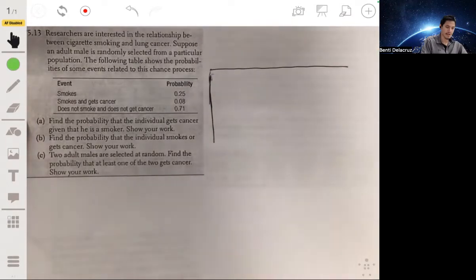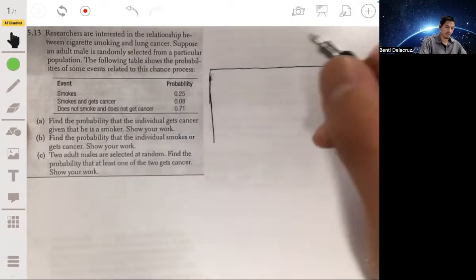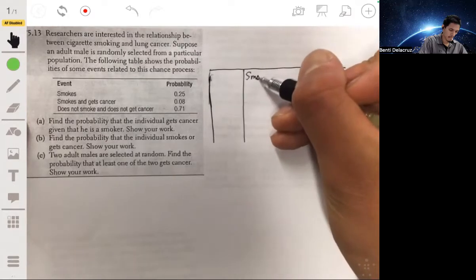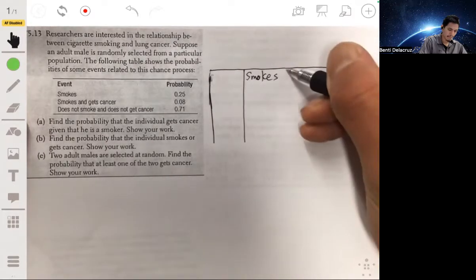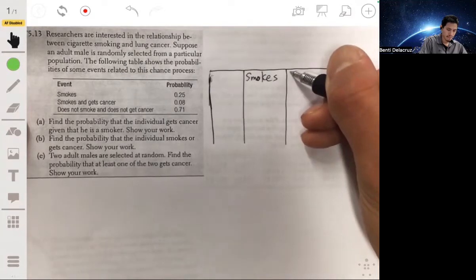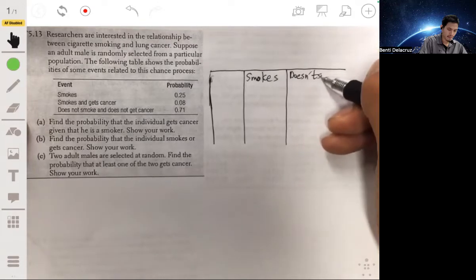Across here, you have the events that they either smoke or they don't smoke. Smoke. Doesn't smoke.